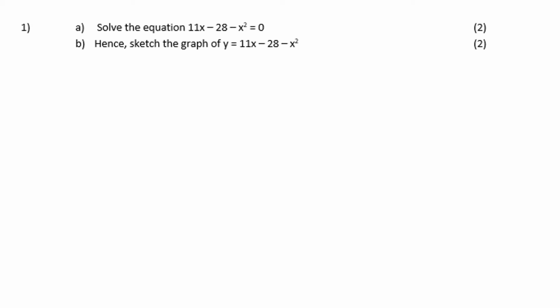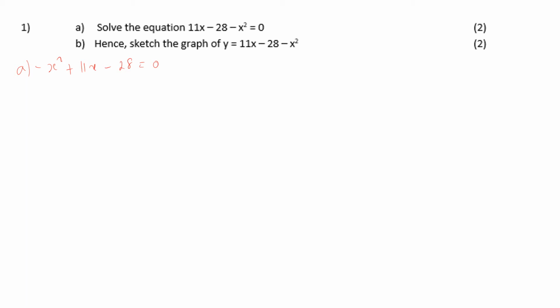So here's question 1. Solve the equation y equals 11x minus 28 minus x squared. Probably a good idea to rearrange part A into minus x squared plus 11x minus 28 equals 0, which you can factorize.